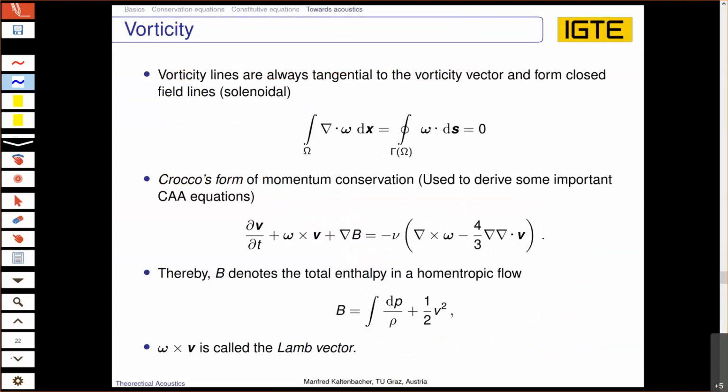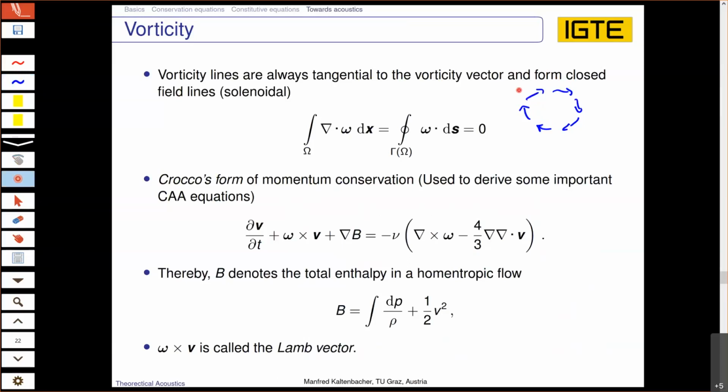So for example, we have here such vectors. And the vorticity lines then are just this connection, and as you can see here, we have closed field lines, and that's typical of the vortical structures we have there.